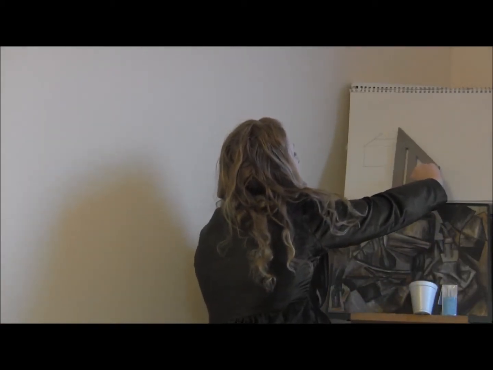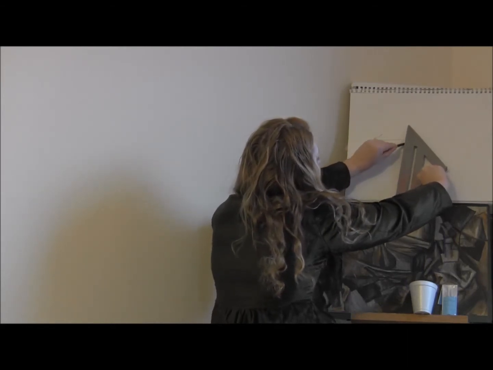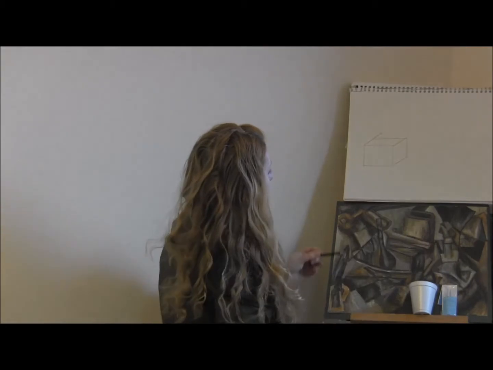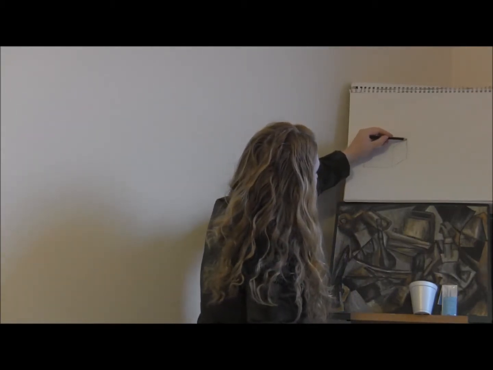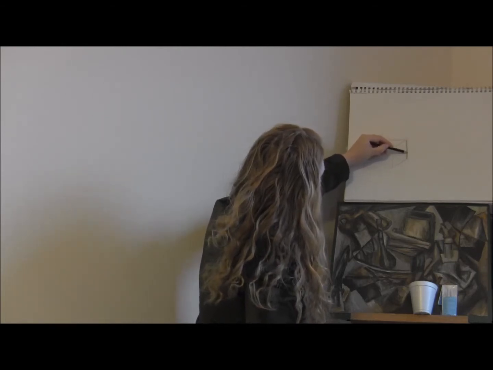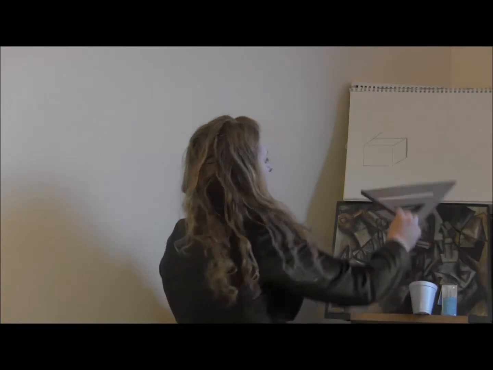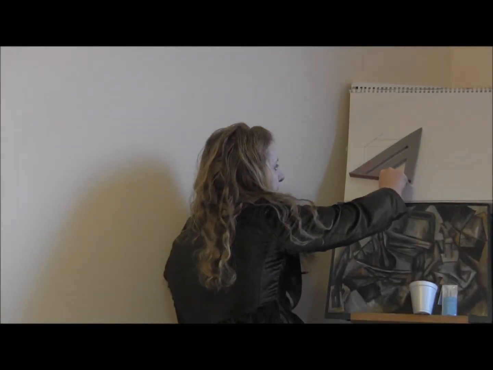And this parallel should be the same right here. So that's in essence a cube. They're based on parallel lines that you can achieve by keeping that angle and dragging it across your page.